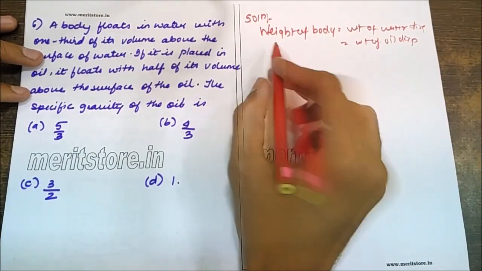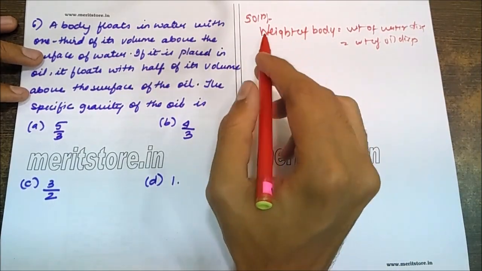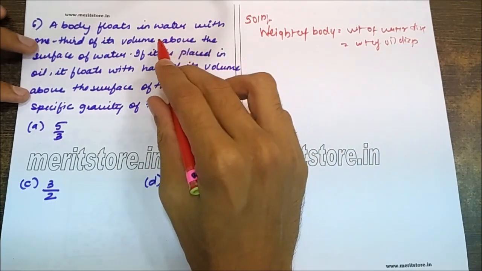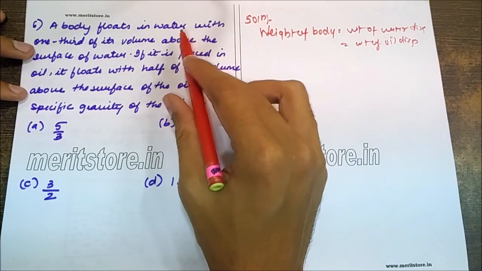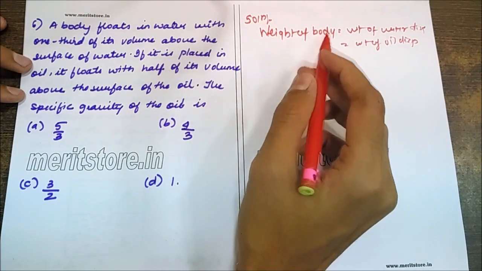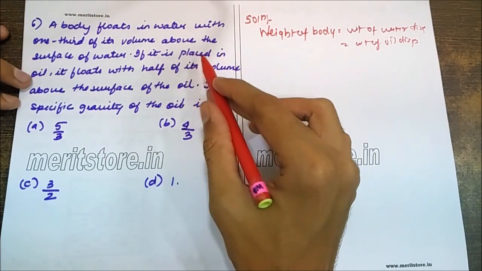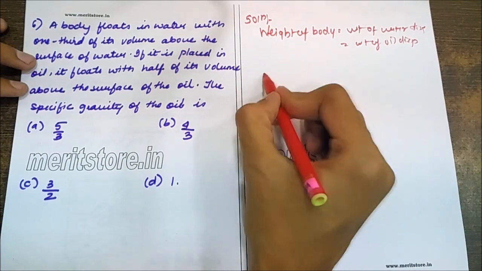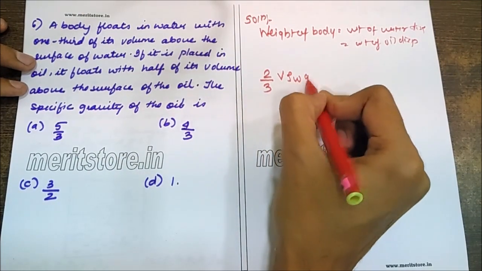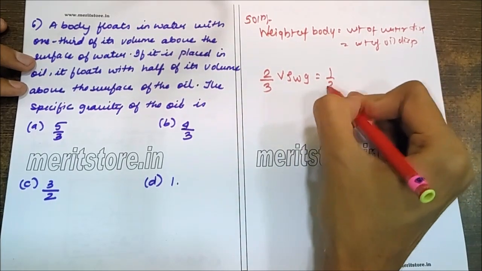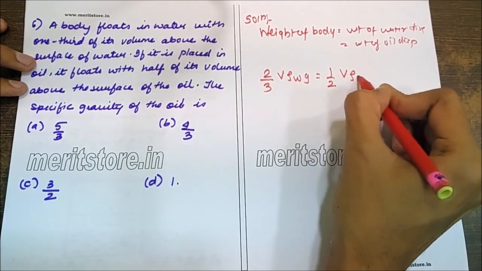Okay, so we have 1/3 of its volume above the surface of the water, so 2/3 of its volume is in water, and half of its volume is above the surface of the oil. So 2 upon 3 of its volume in water is equal to half of its volume in oil.